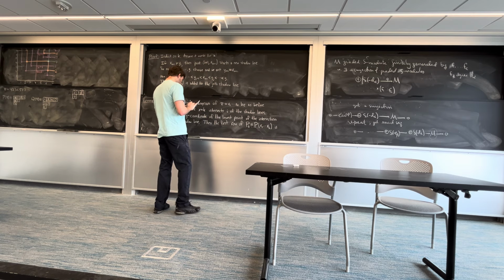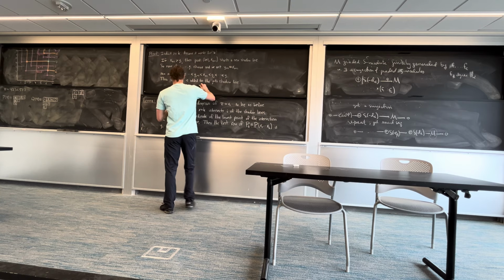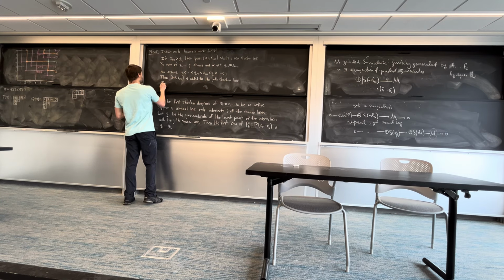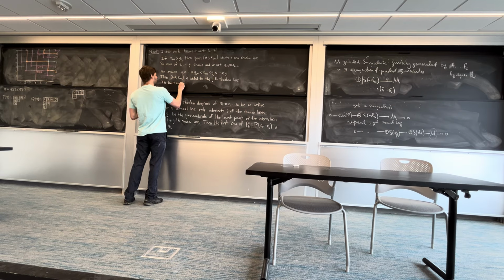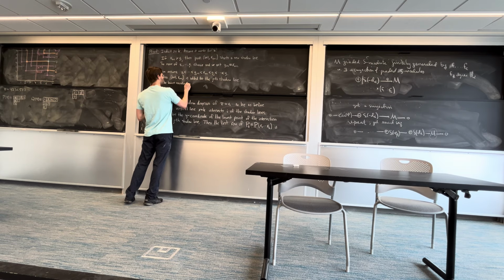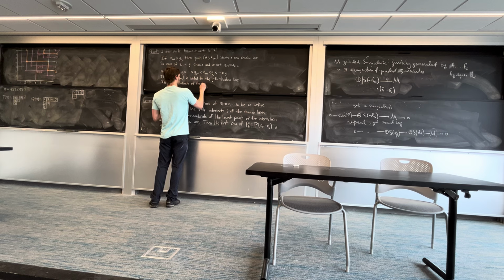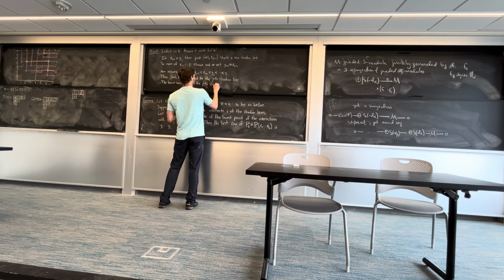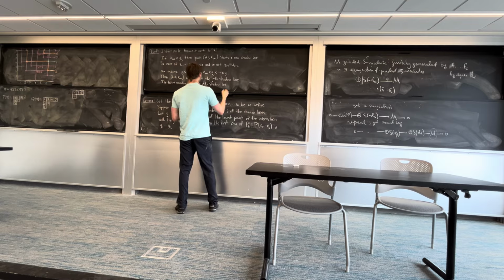So let's see. The lowest coordinate of the jth shadow line becomes this new number x sub k plus 1.